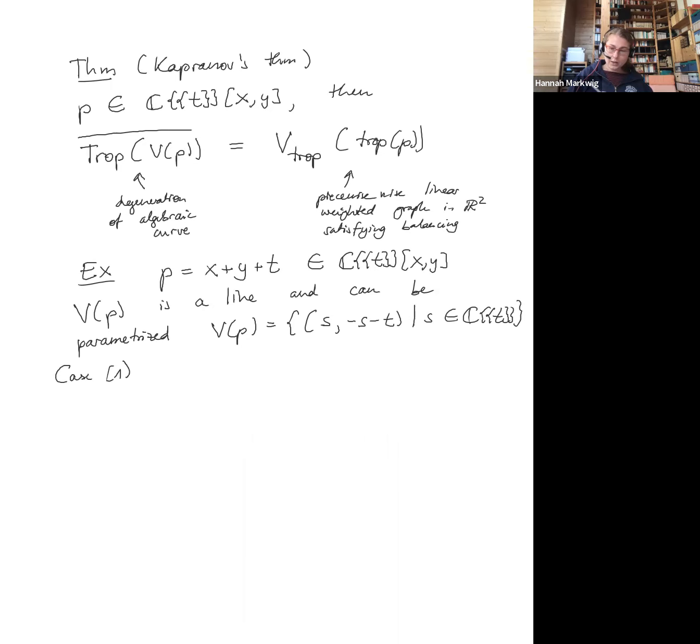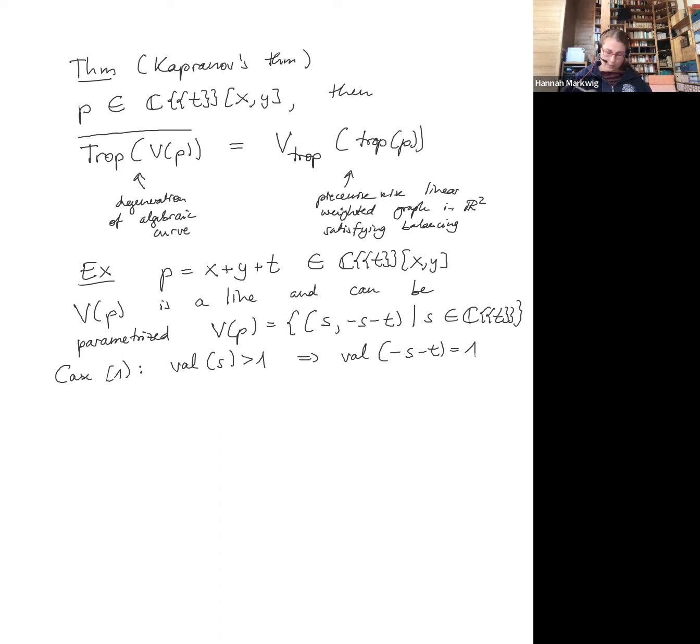So we have case 1. What if the valuation of s is bigger than 1? Then, as we add the minus t in the second component to our minus s, the smallest exponent will now be the 1, which is in this minus t to the 1, right? So then the valuation of minus s minus t is going to be 1.